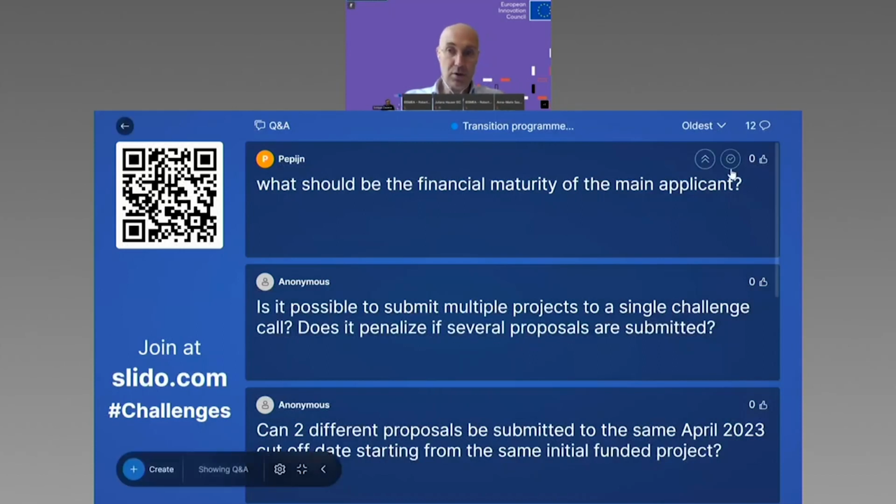There are exceptions in the sense that the agency might grant anyway, but it's better if you come with a company that is a startup that has, for example, sufficient capital. For a 2.5 million grant, it might need a few hundred thousand of capital.